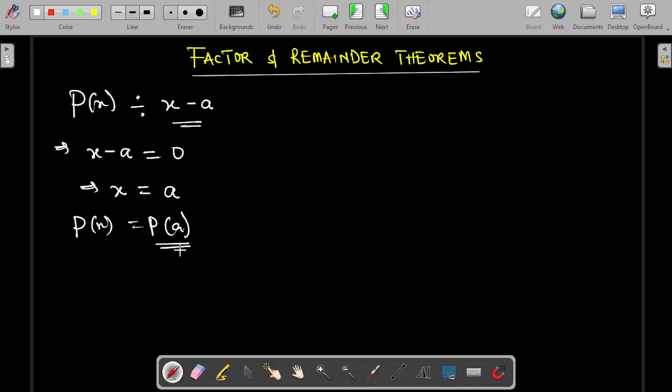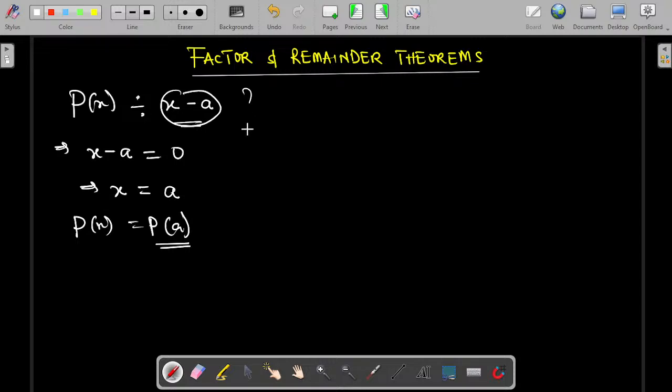The factor theorem says that if x minus a is a factor, then p of a must be equal to 0. If x minus a is not a factor, then the remainder theorem says that p of a is your remainder. That is what the factor and remainder theorem is all about.